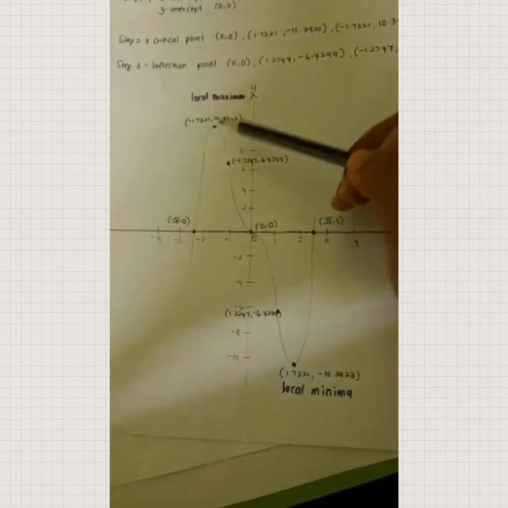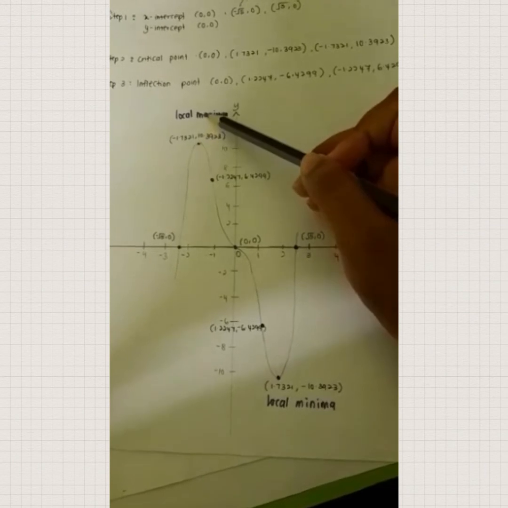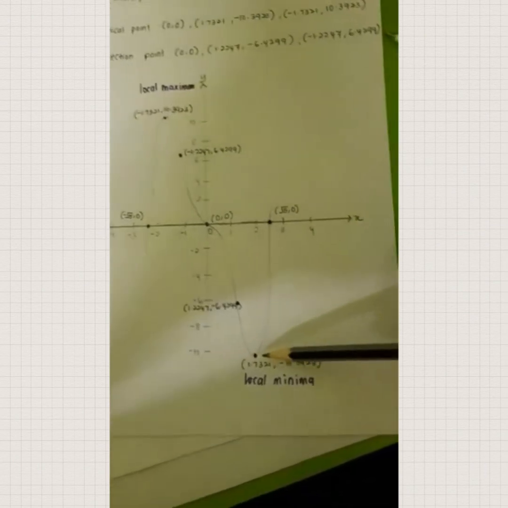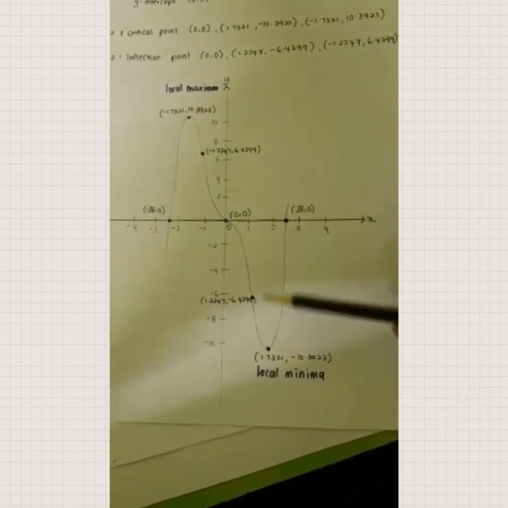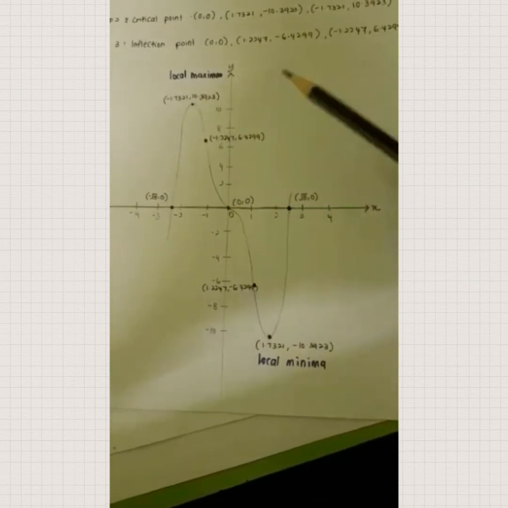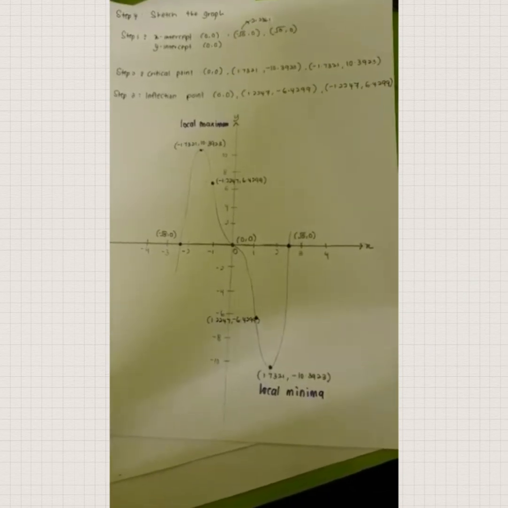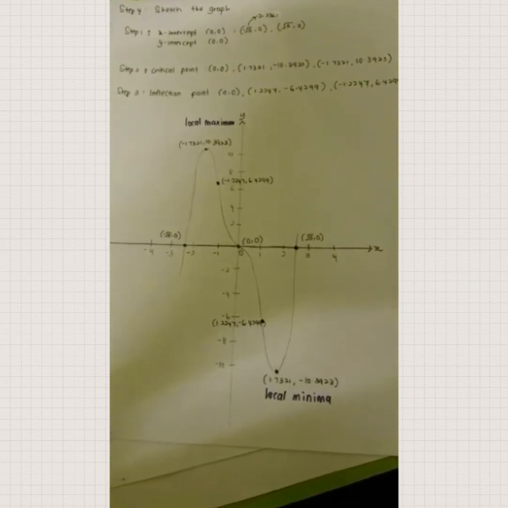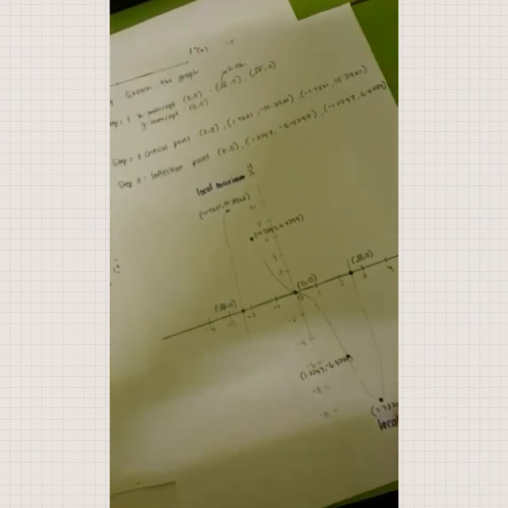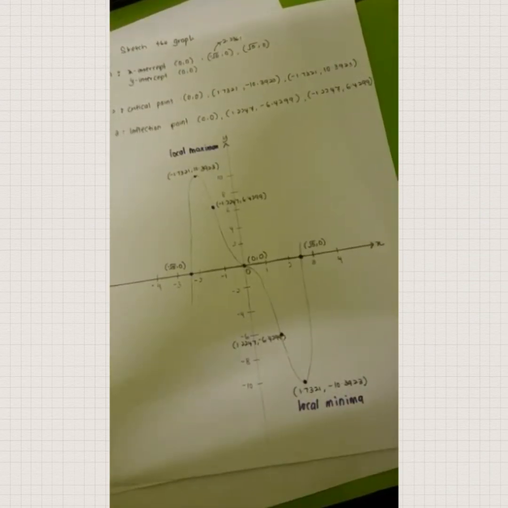This peak is the local maxima, and this one is the local minima of this function. We have done this and finished question 1. I hope all of you understand. Thank you.